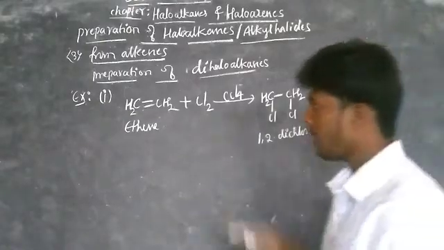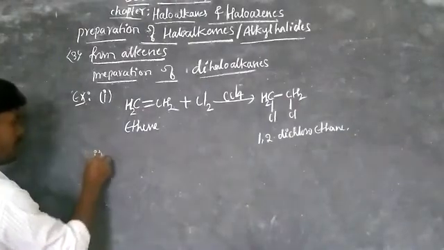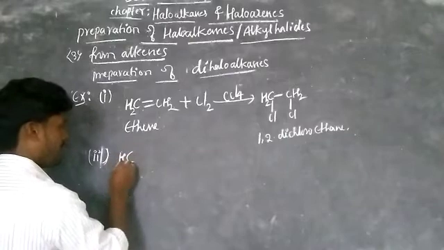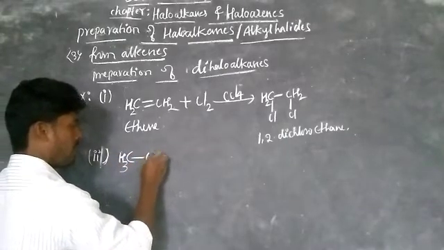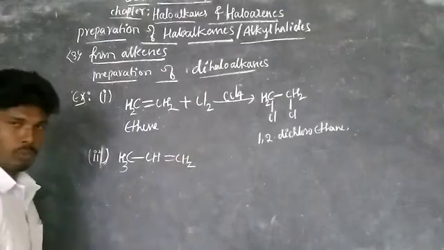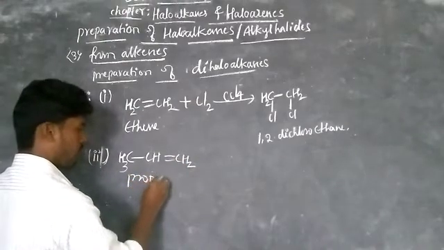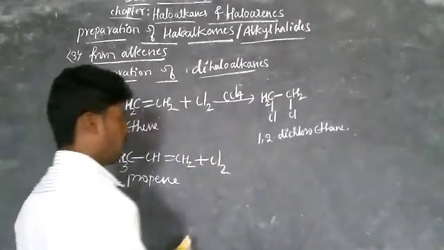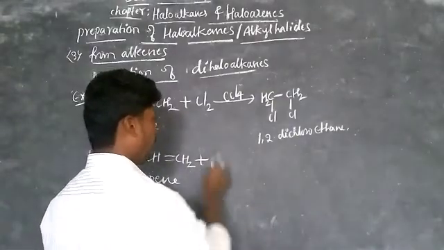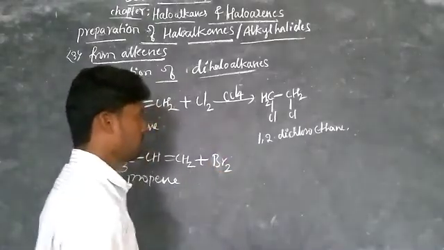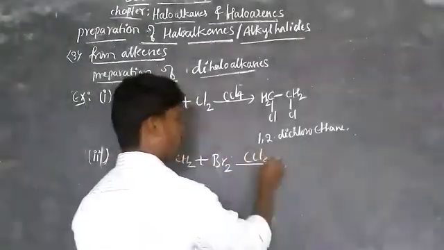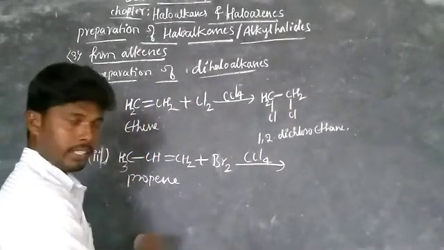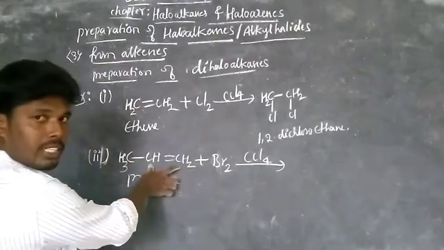Similarly, take one more example. Second example: take propene, CH3 bonded to CH double bond CH2, which reacts with chlorine, or you can also take bromine, Br2, in the presence of CCl4 solvent. What do you get? Similarly, the bromine gets added across these two carbons.